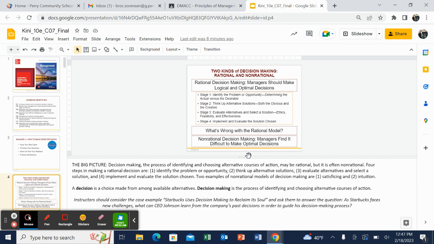And then step 4, implement and evaluate the solution chosen, right? So then ultimately, you decide on lowering the prices, you implement lower prices across the board, and you run with that scenario, and then you evaluate it.